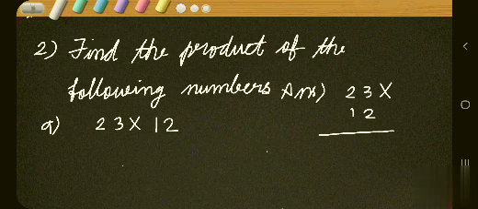First, 23 into 2 means first multiply 3 into 2. 3 2s are 6. Then we multiply 2 into 2. 2 2s are 4. The answer should be written here.